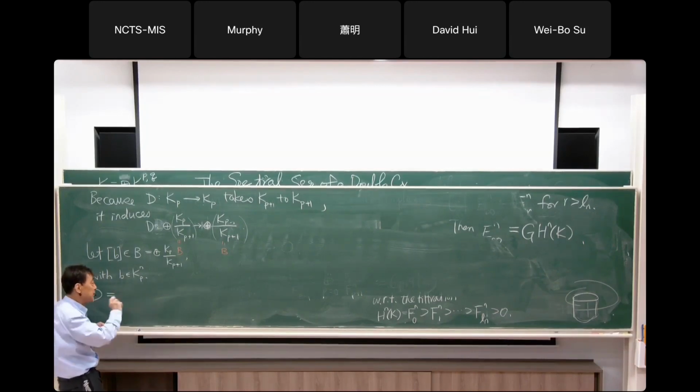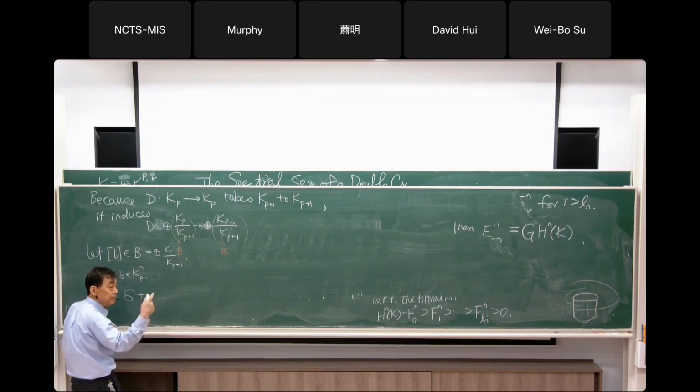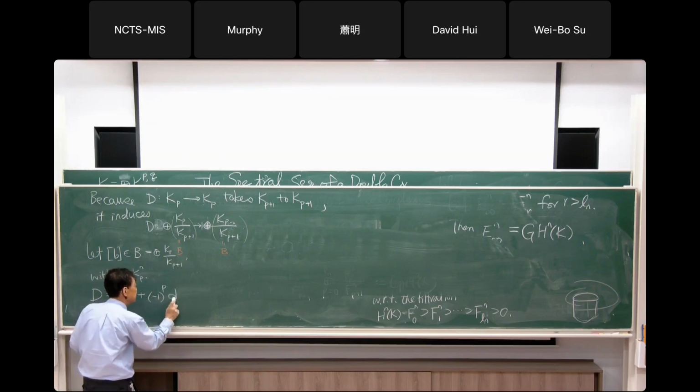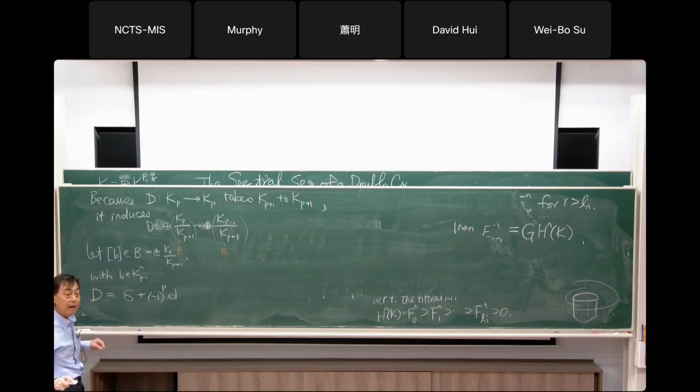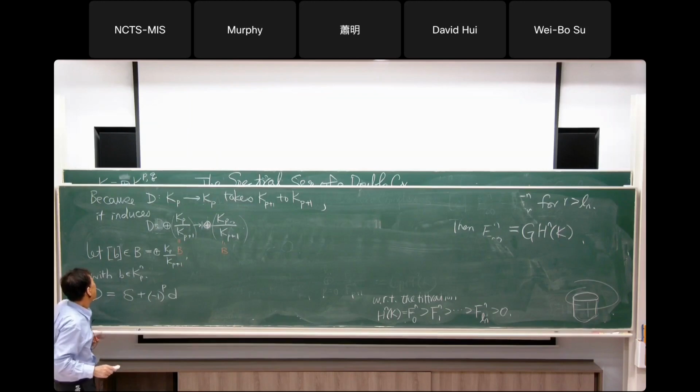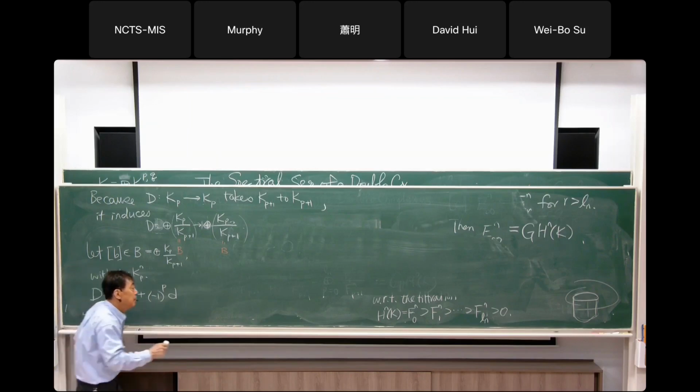D prime is the horizontal part, and that's just delta, the alternating difference. And D double prime, the vertical part, is minus 1 to the p of little d. So let's apply it to b.